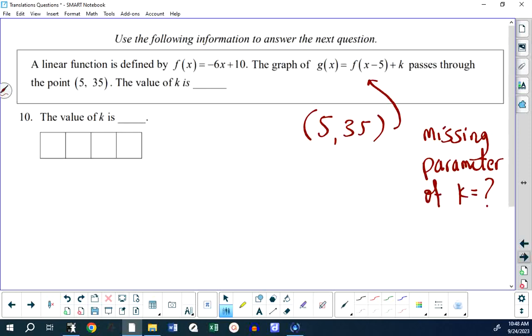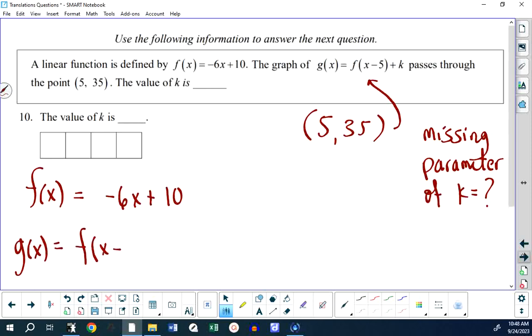So what that means is we are going to have to put in 5 and 35 for x and y in the transformed function. The only difficulty here, and this is actually quite a confusing question for students, is g of x is not given to you. You're not given the equation for g of x. You're told, however, that f of x is -6x plus 10, and g of x is f of x minus 5 plus the parameter k.